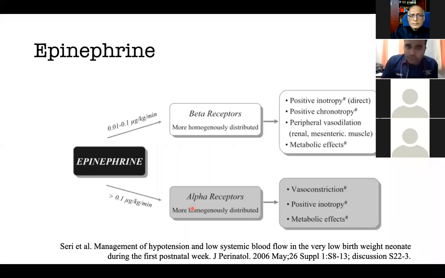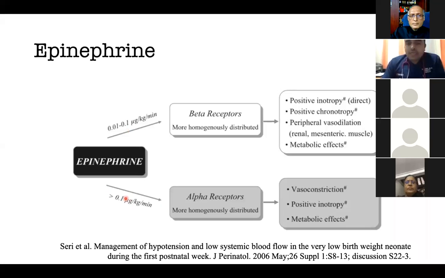Now epinephrine, I have already told you the main action, it is a vasoconstrictor and still with some action by alpha 1 wherein causes positive inotropy. So it has got beta as well as alpha action. Beta action is predominantly in the very lowest of the doses, that is 0.01 to 0.1 mics per kg per minute. Whereas the alpha action is once it is more than 0.1 mics per kg per minute.